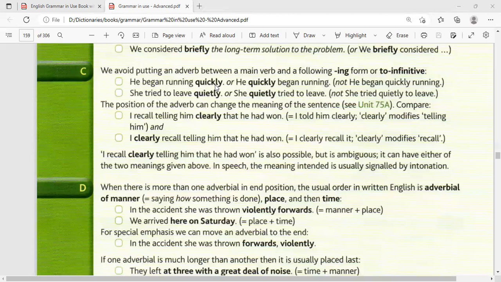So we cannot say he began quickly running, or she tried quickly to leave. We cannot say it like this. But we use it after the gerund, like when I say he began running quickly. Or you can use it after the subject. You can say he quickly began running. He quickly what? Began running. You get it?